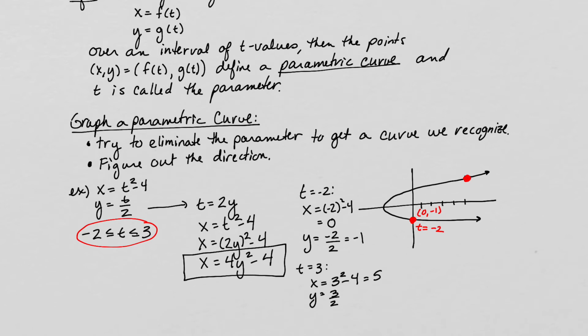And we're going to say that is 1.5, right? Because 3/2 is 1.5. So my curve starts at t equals -2, and it goes to here, t equals 3, right? And this is the point 5, 1.5, or 3/2.